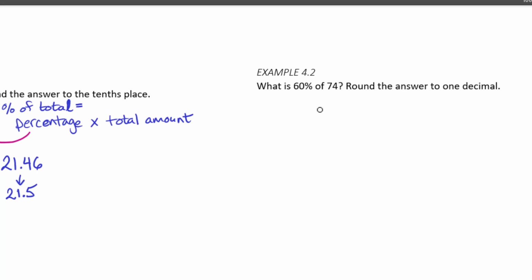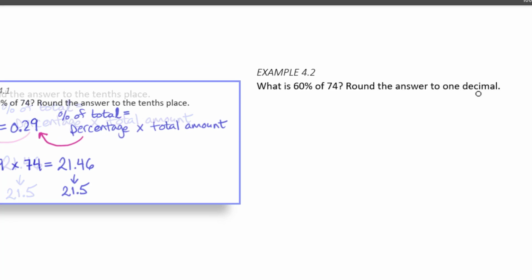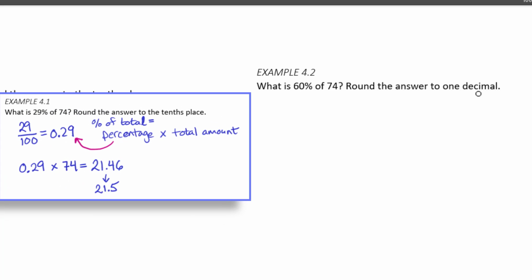Now turning to example 4.2, what is 60% of 74? It says round the answer to one decimal, which is the tenths place. So here we're just seeing that there's two different ways to say the same thing, which we talked about in our rounding unit. Now, before we actually calculate this, I'm just going to note that 60 is about double 29, right?